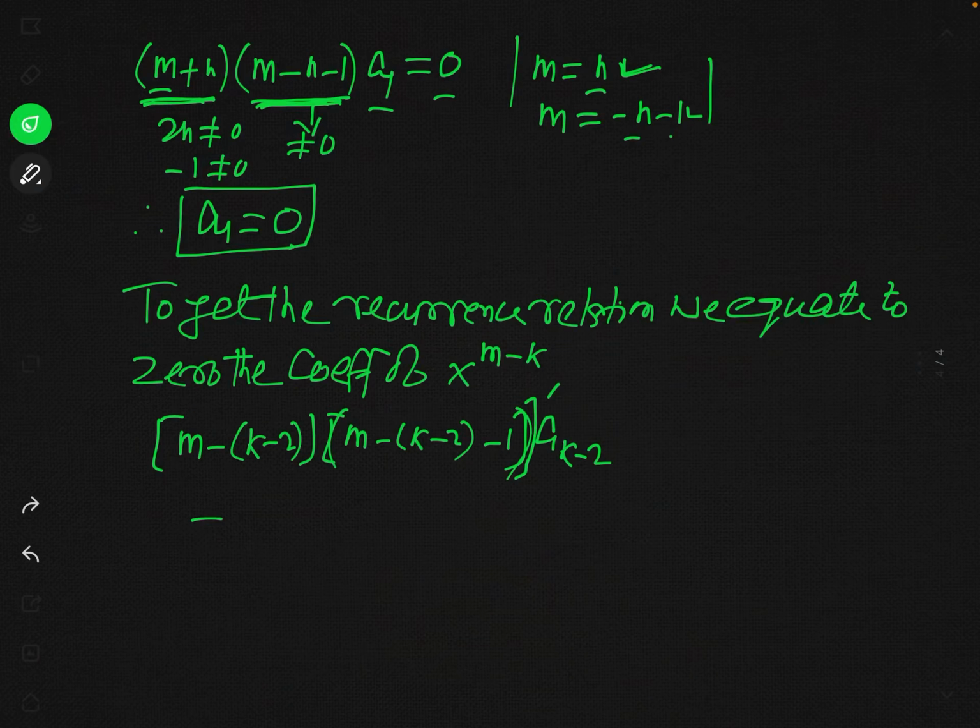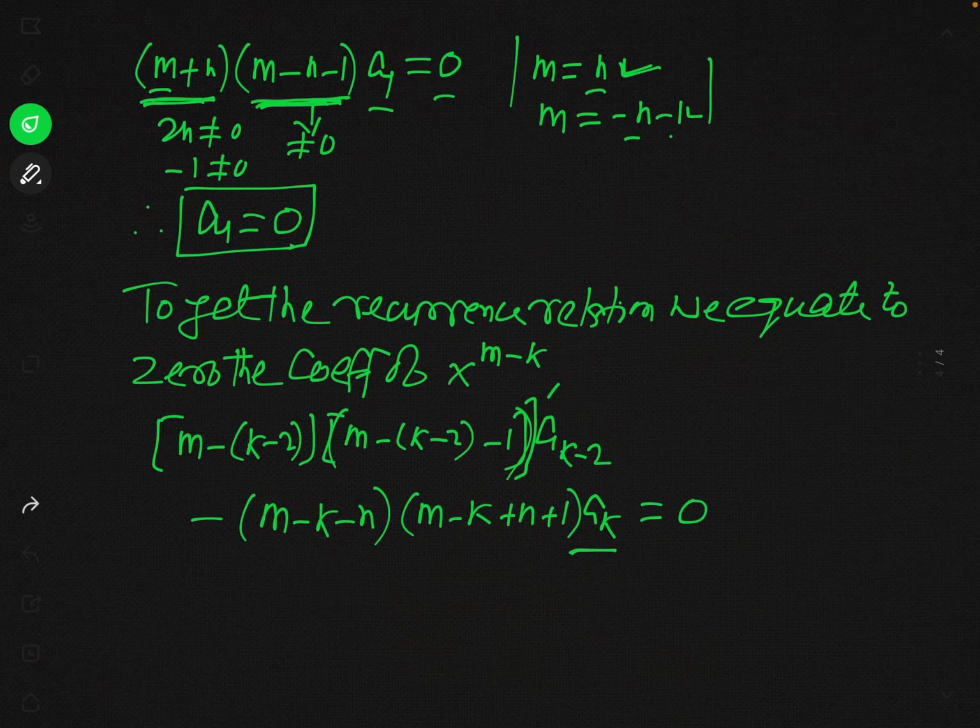So this we have to write directly because x to the power m minus k is already present there. So this will be minus m minus k minus n into m minus k plus n plus 1 into ak, and this equal to 0.